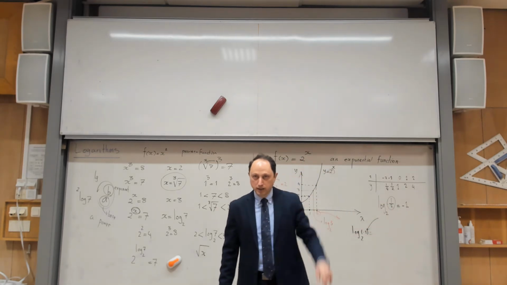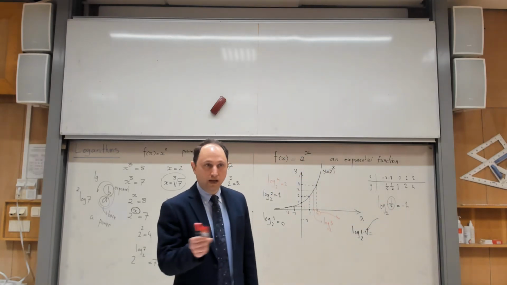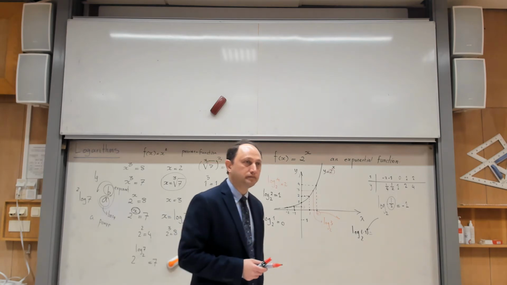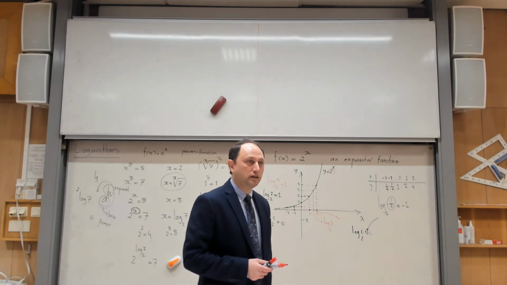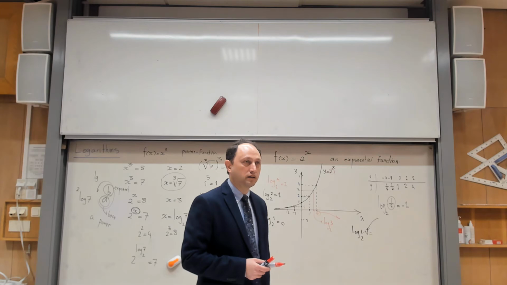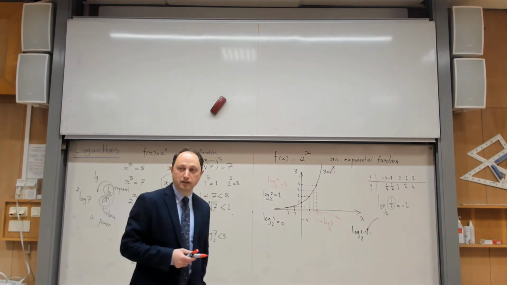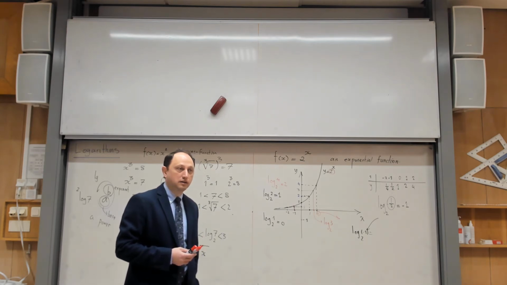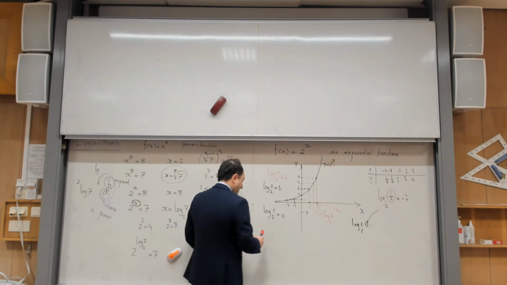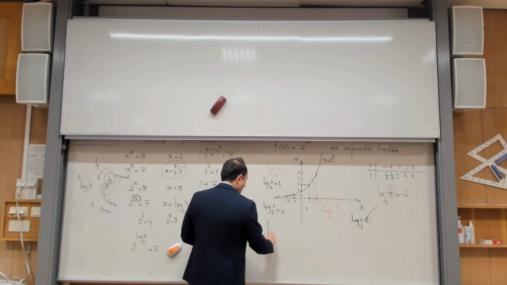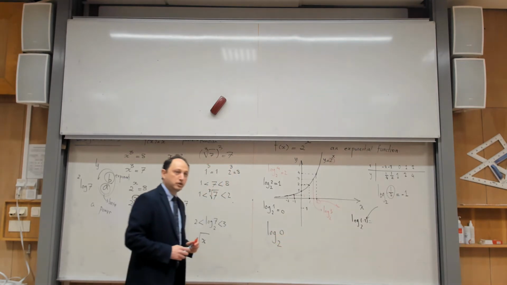So remember, we can't have a negative input for a logarithm. Someone had a question: can we have 0 as an input? That's a good question. If someone asks you the logarithm of 0 in base 2, what will be your answer?